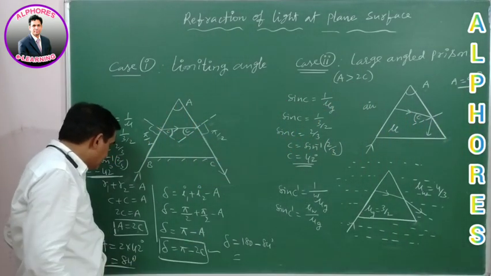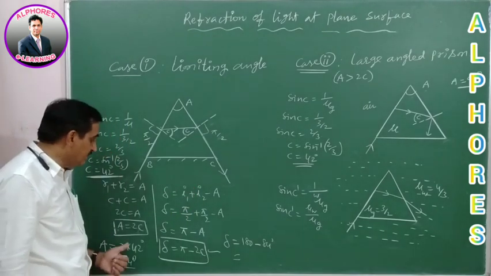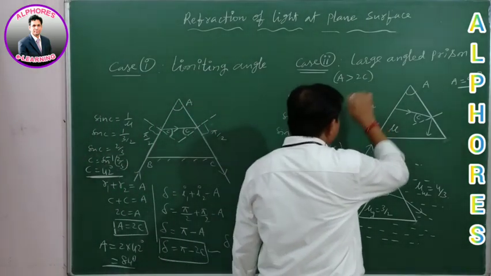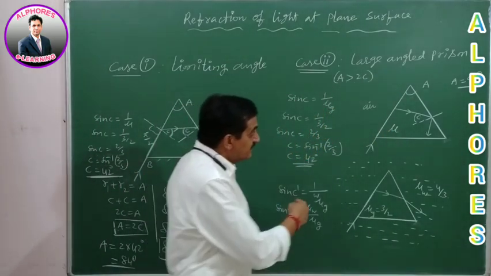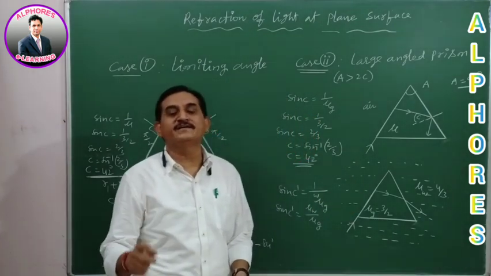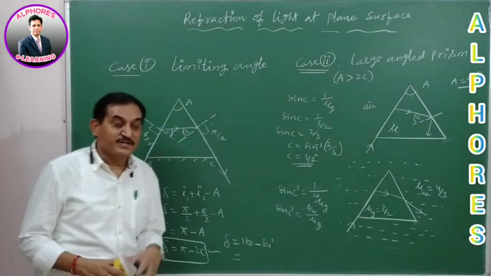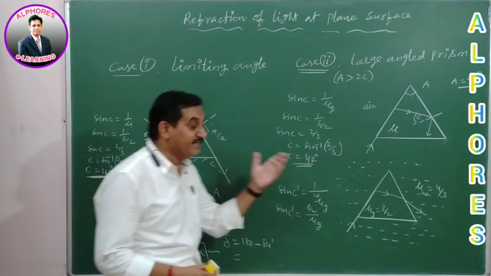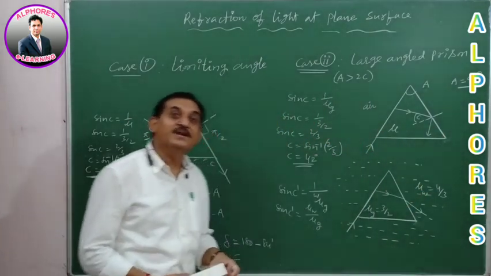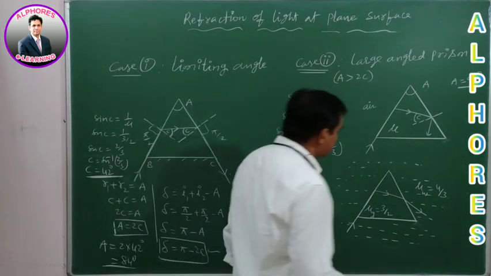So 90 degree in the sense, the angle of prism is greater than 2C, more than the limiting value. If A is greater than 2C, then the light is grazing the first refracting surface and it undergoes total internal reflection at the second refracting surface. Instead of refracting or grazing the second refracting surface, it undergoes total internal reflection, TIR, takes place.